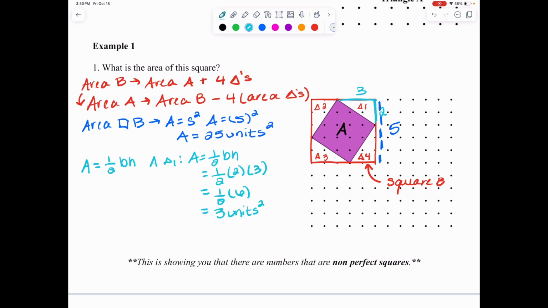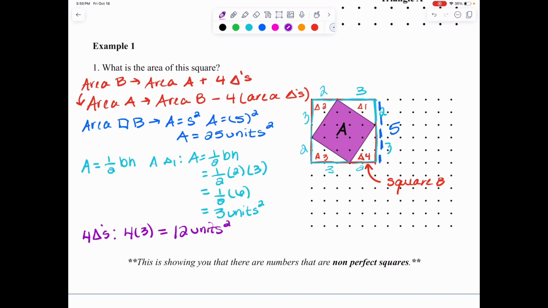Again, if I look at all these other triangles, they all have 2 and 3, 2 and 3, 2 and 3. So it does not make sense to keep using this formula 3 more times. All we have to do is realize that one triangle is 3 units squared, then all 4 triangles would be 4 times 3, which is 12 units squared.